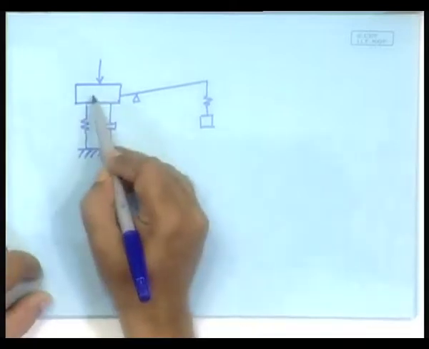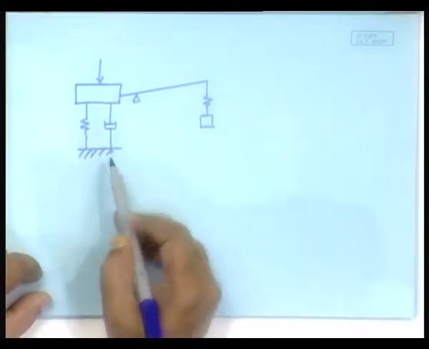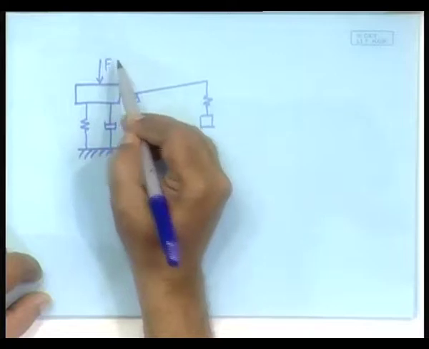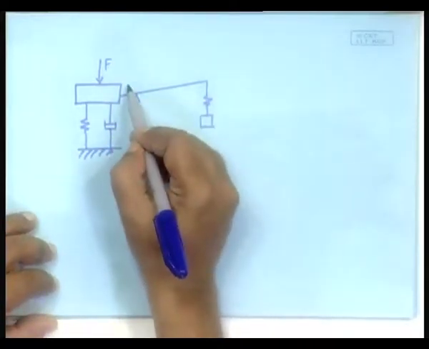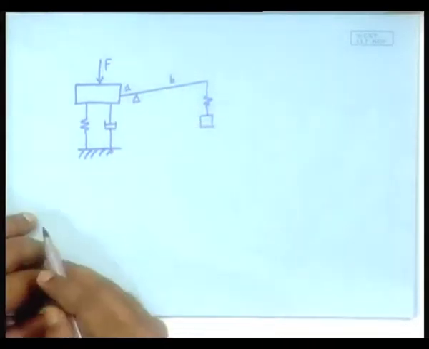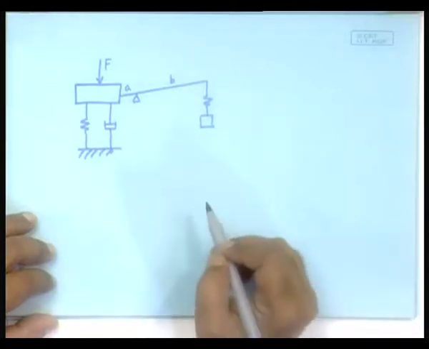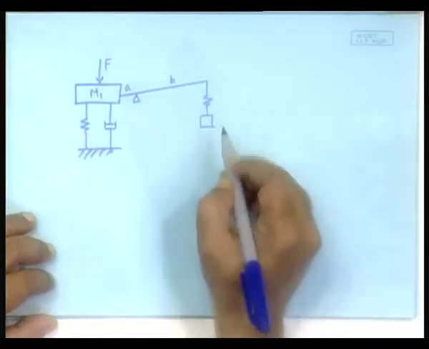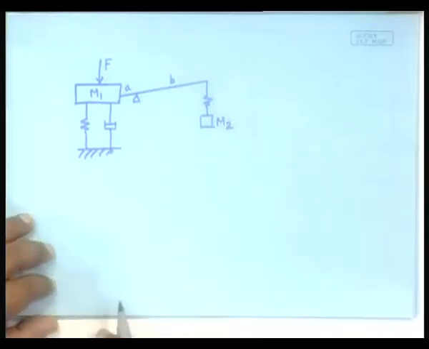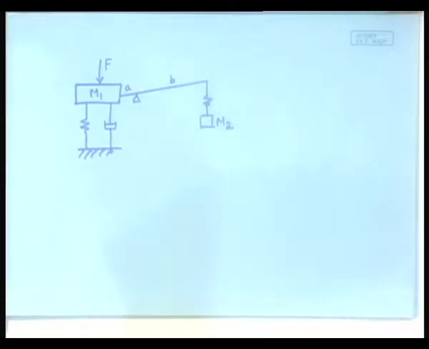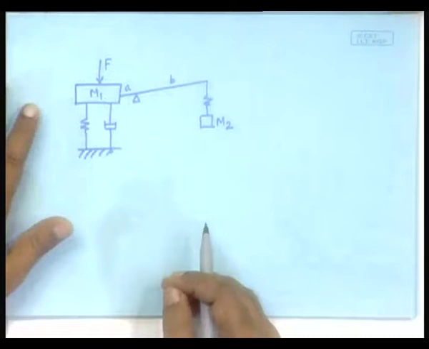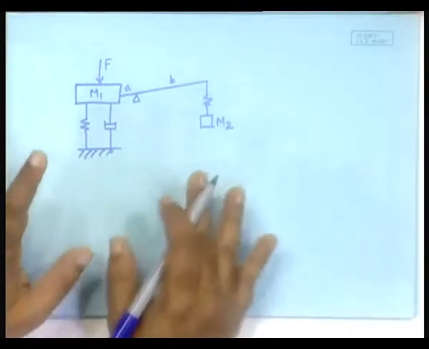A system with a mass, spring damper arrangement connected to the ground with a force acting on it, and there is a lever with A B ratio, and here is another mass M2. So, this is M1, this is M2. Earlier we went by logic, but now let us go by this procedure.